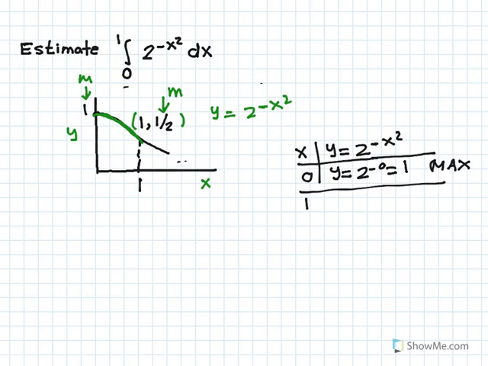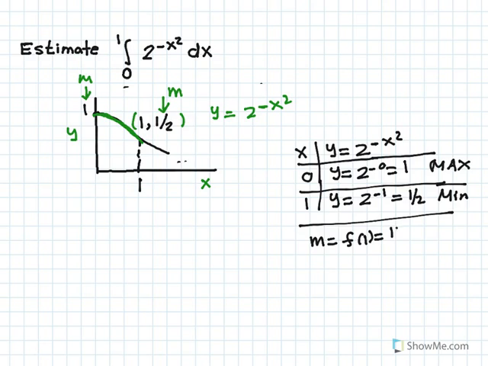And when x is 1, y is equal to 2 to the minus 1, that's equal to 1/2. This is the absolute minimum. So small m is f of 1, which is equal to 1/2. That's the absolute min. And capital M equals f of 0 equals 1. That's the absolute max.